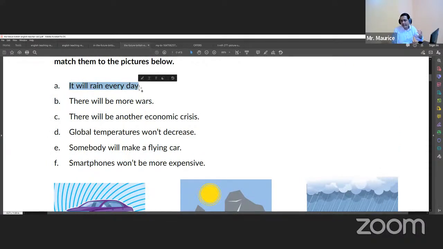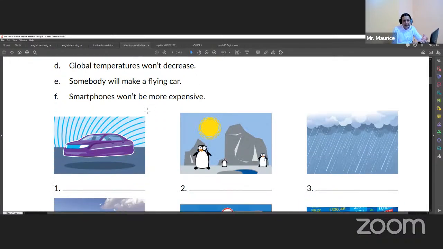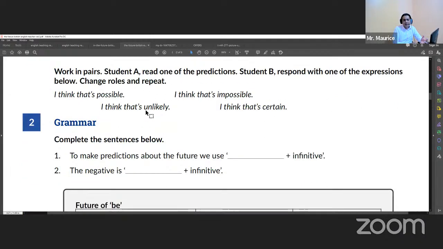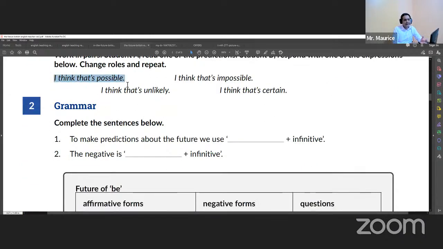It's future, but it's a prediction. Assumption is not for sure. But we can also combine this prediction by using this. I think that's possible. Or, I think that's impossible. Or, I think that's unlikely. Or, I think that's certain. We can combine it, okay?